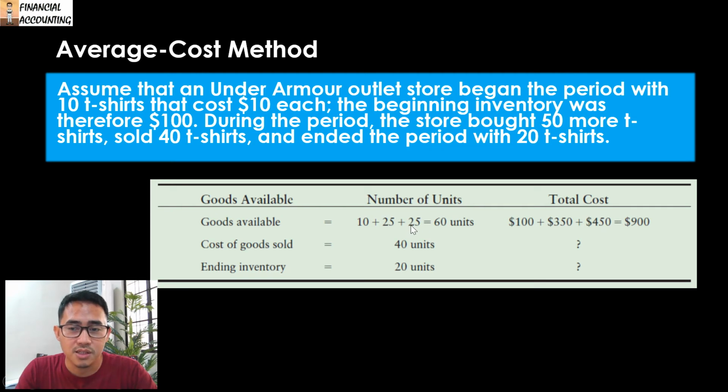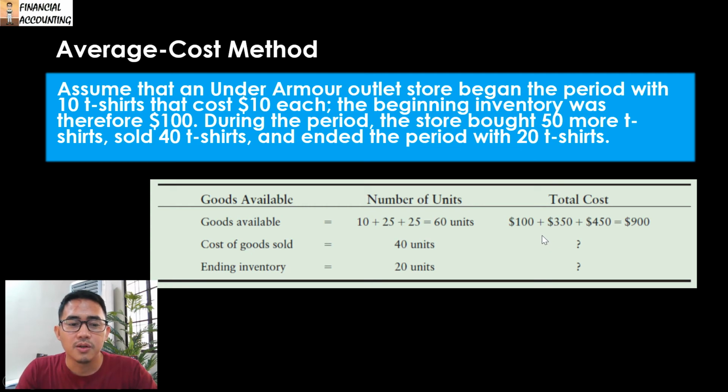My question is, why did the cost of the t-shirts go up from 350 to 450 when in fact the number of t-shirts is still at 25? The answer would probably be an increase in the price of the t-shirts. Probably the demand became higher, that's why the price also goes up.